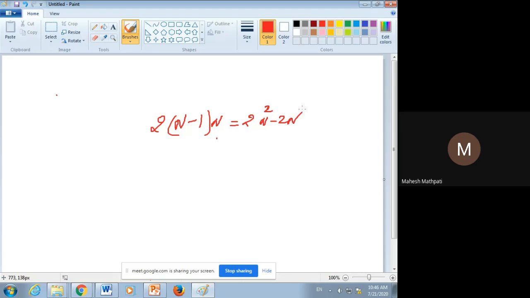So this many real additions we require for computation of the complete DFT.